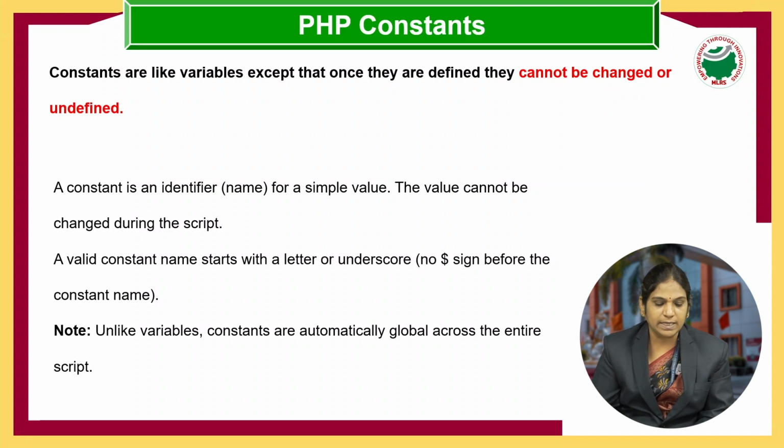A constant is an identifier name for a simple value, and its value cannot be changed till the termination of the script. A valid constant name starts with a letter or an underscore. While declaring a variable in PHP we prefix it with the $ sign, but in a constant it is not required to prefix any $ sign before the constant name.